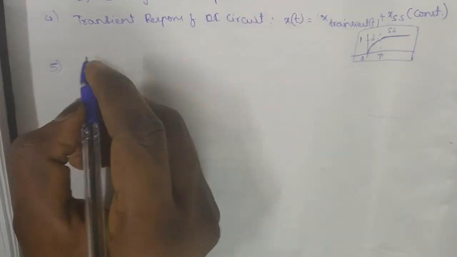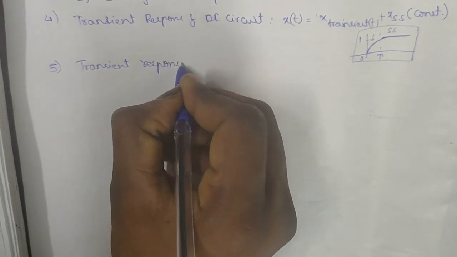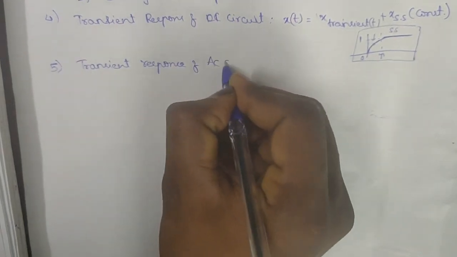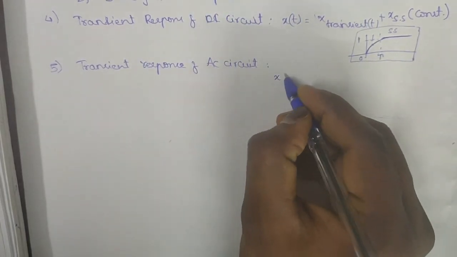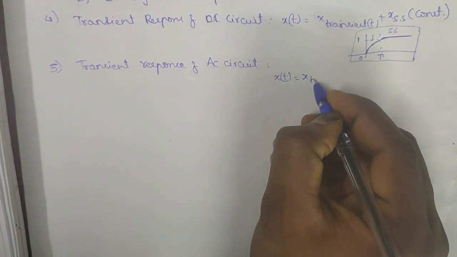Now the response of an AC circuit will have both transient plus steady state.